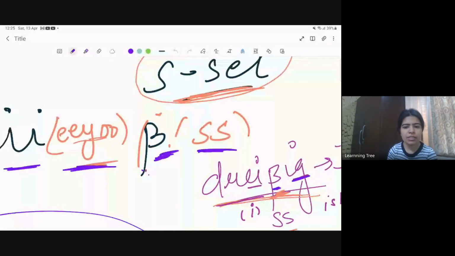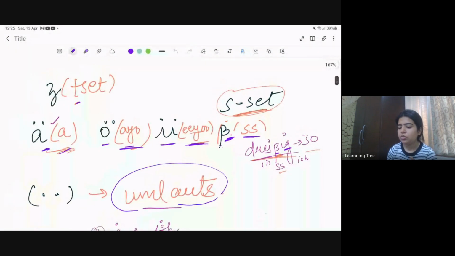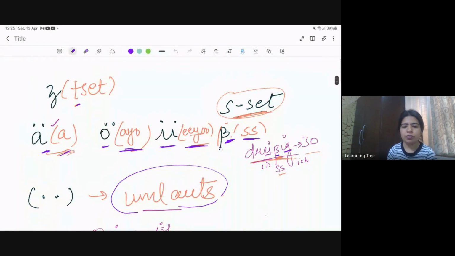Now it is not mandatory that whenever we have to say double S, we will put this beta sign. There are only some limited words that gradually you will learn when you will start reading German. So only those particular words will have this beta sign. So in all we are having 30 alphabets. Any doubt in any of the pronunciations till here?